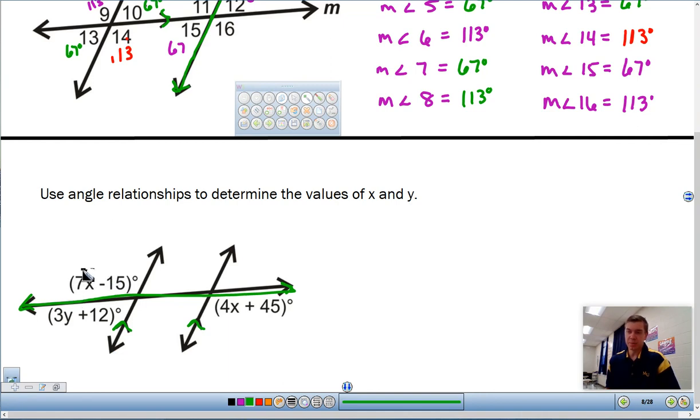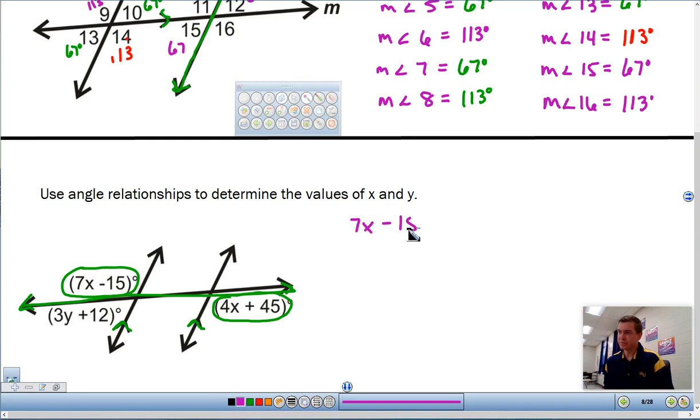And I see that this expression has x in it. So I would like to use another expression of x and see if I can find out how those two angles should relate to each other. Well, those two expressions represent angles that are alternate exterior. That means that on parallel lines with a transversal, those two have to have the same measure.